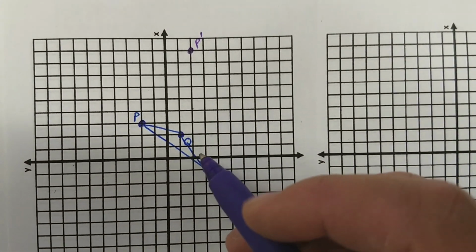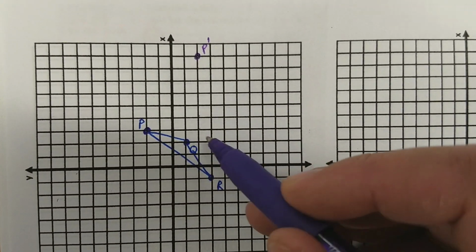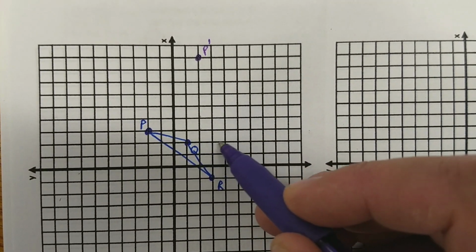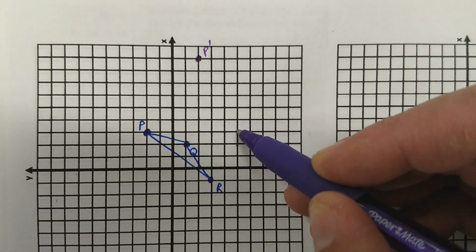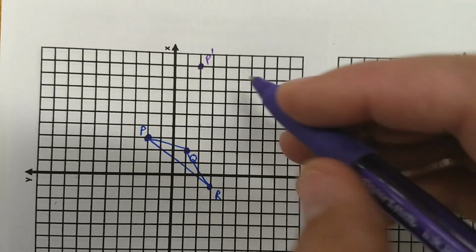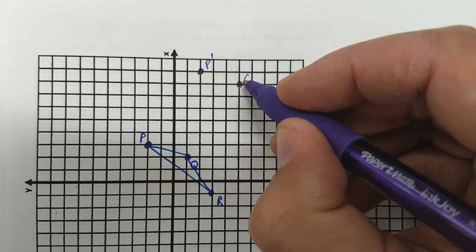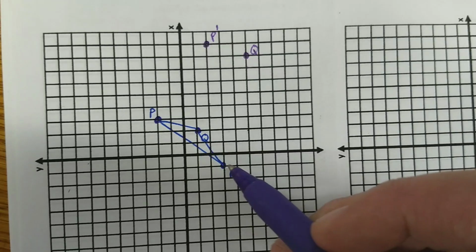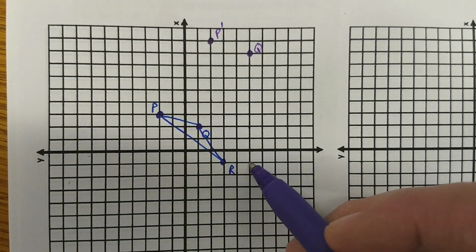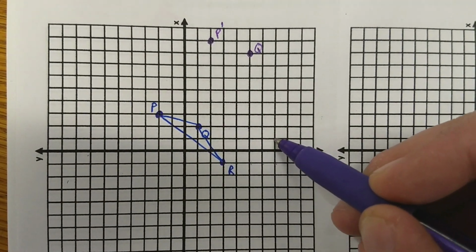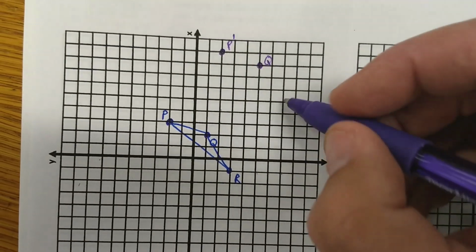If I do that with the other 2 coordinates, so Q and then R, here's Q, 1, 2, 3, 4, 1, 2, 3, 4, 5, 6 up. And same thing with R, 1, 2, 3, 4, 1, 2, 3, 4, 5, 6.